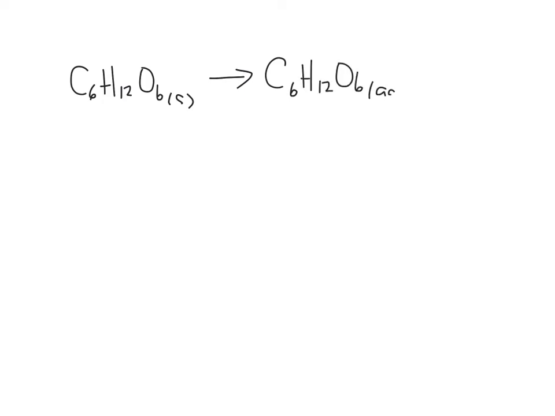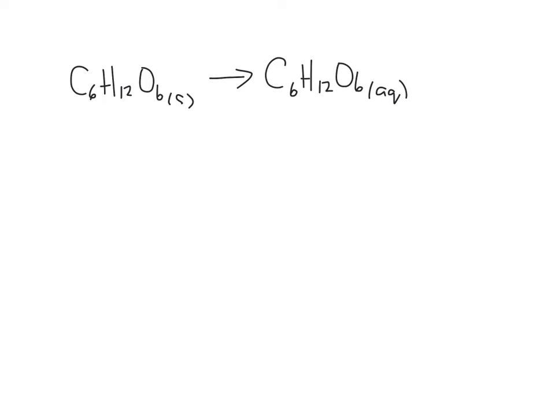Now, when you write a dissolving chemical equation, there is a certain way to do it. Let's say we have glucose, C6H12O6 solid. This is the dissolving of a covalent solid. You would write C6H12O6 (aq).